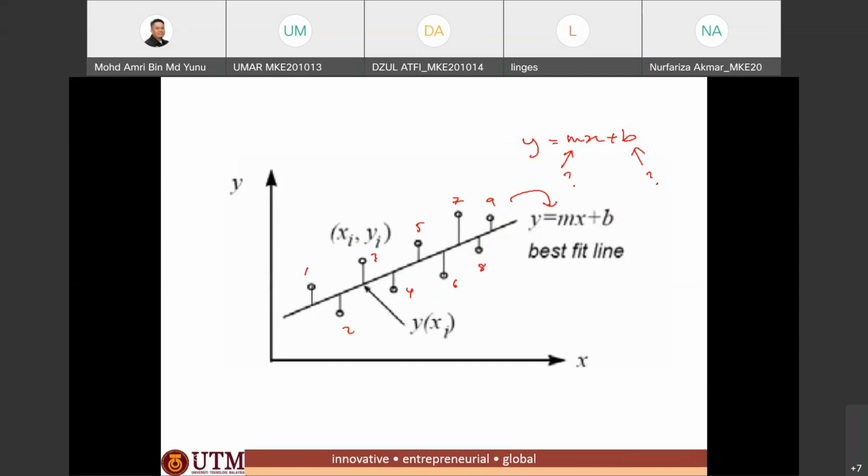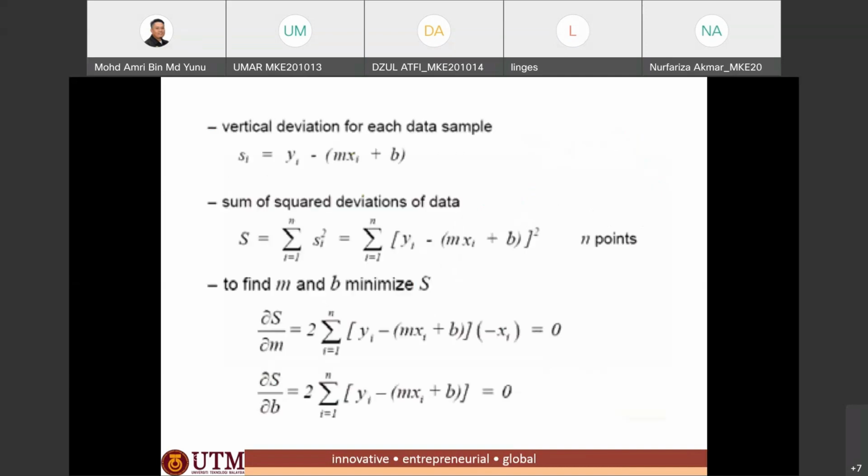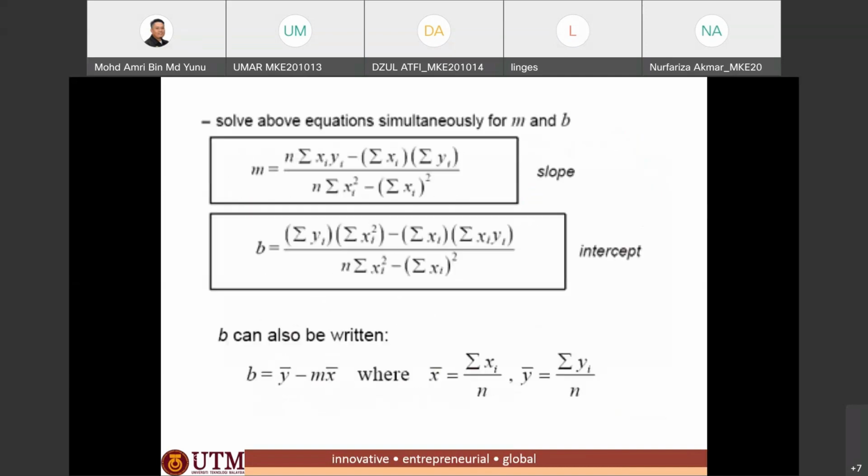So the least square method can be used to determine the value of the slope m and also the value of b. Just keep to the final equation here.